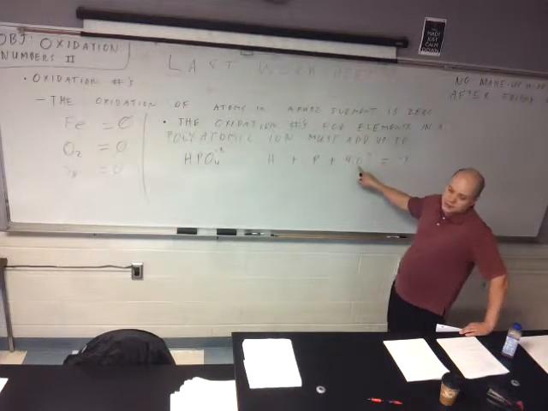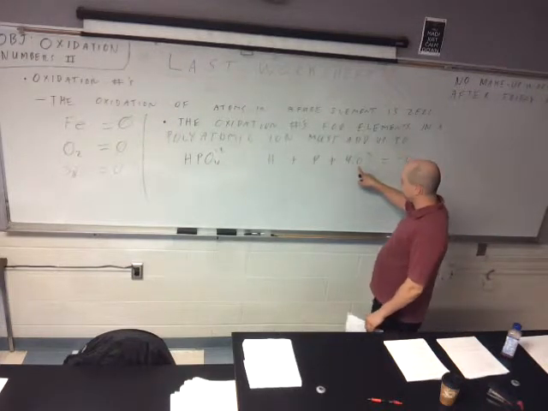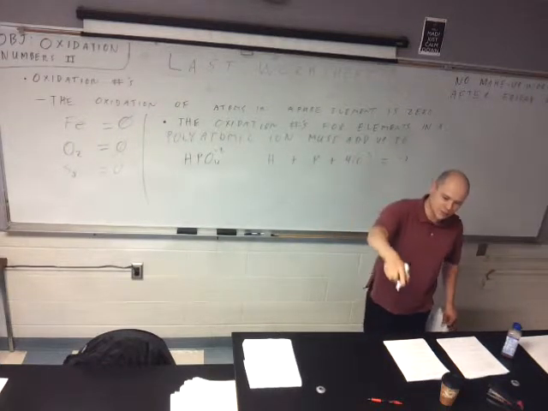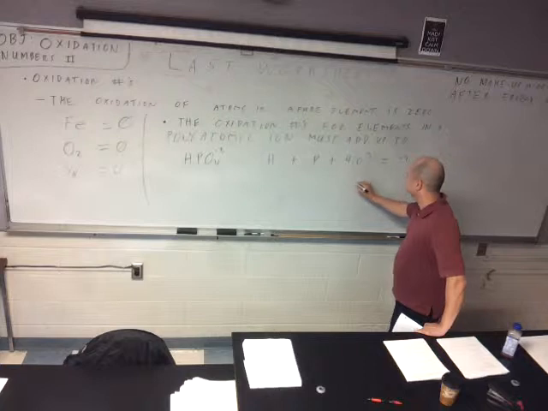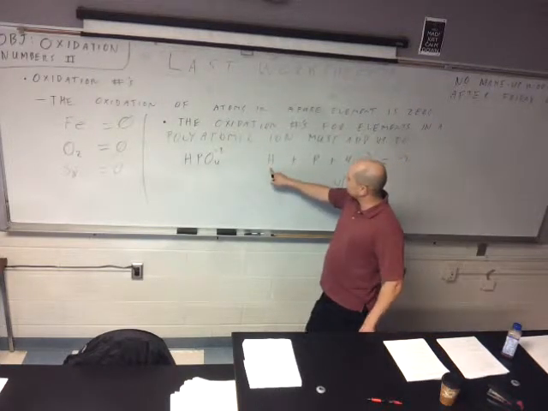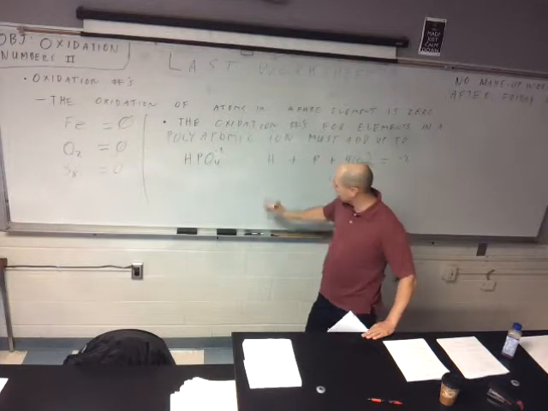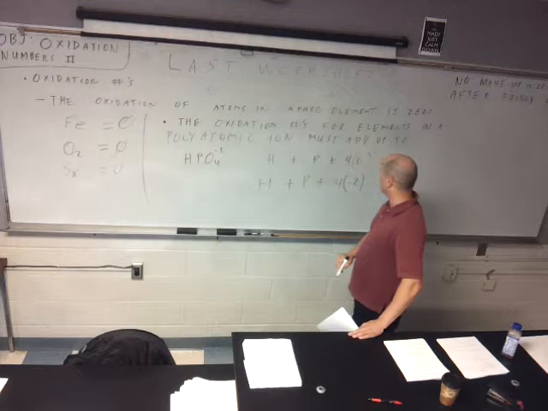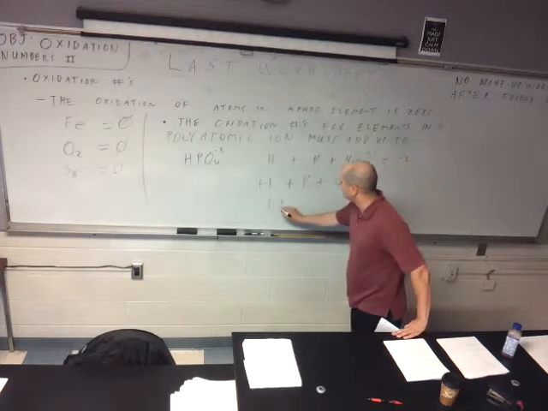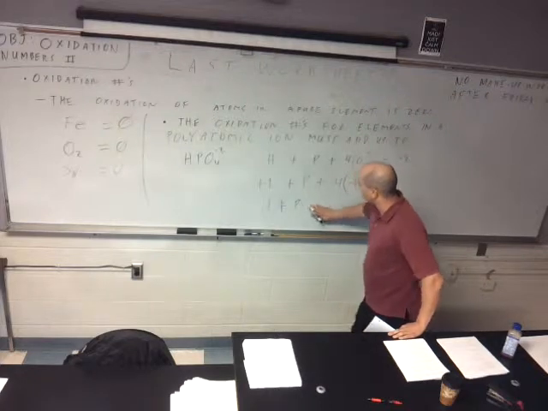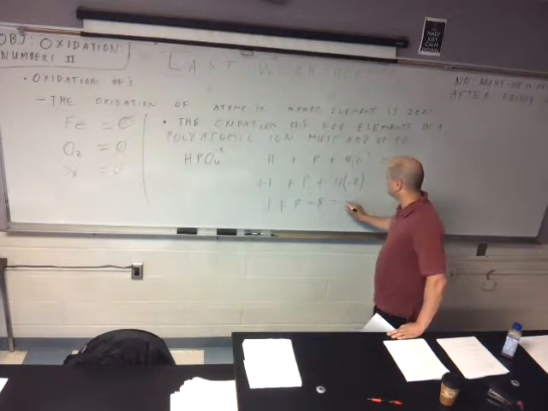Well, oxygen is what? -2. 4 times -2. So that's oxygen, right? And the hydrogen, what's hydrogen? +1. And so whatever the P is has to make up the difference. So we have 1 plus P plus -8 equals -2.